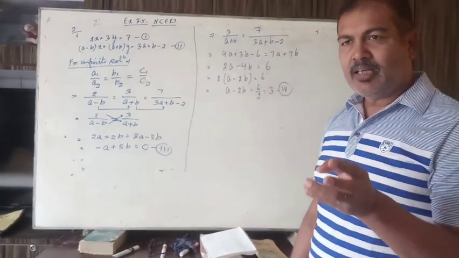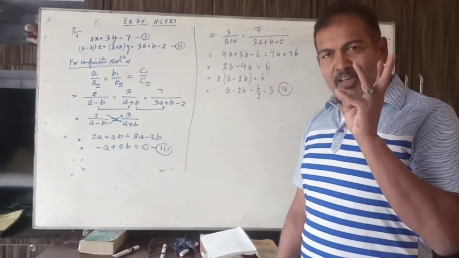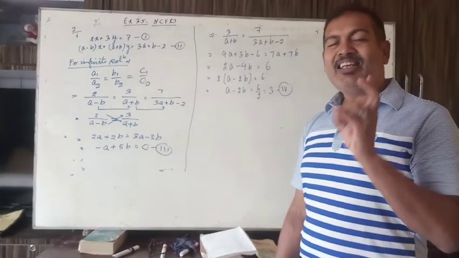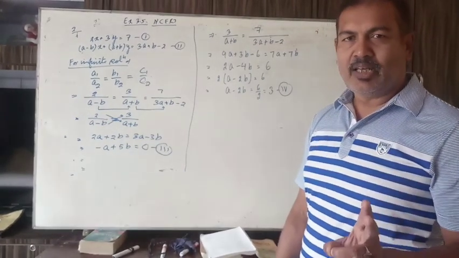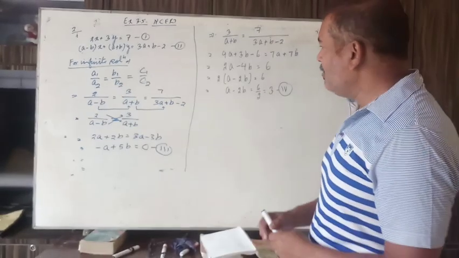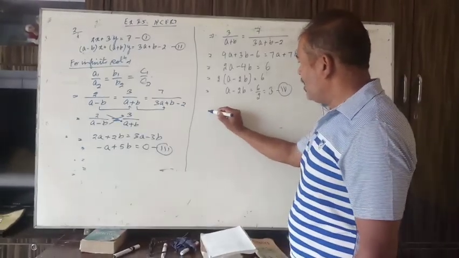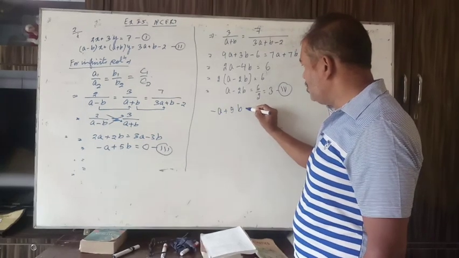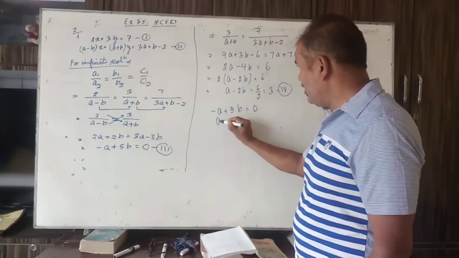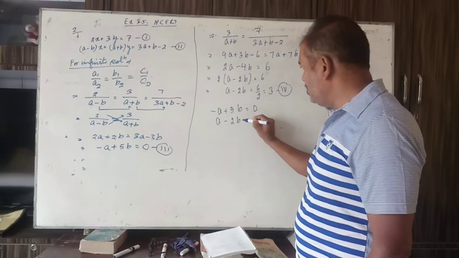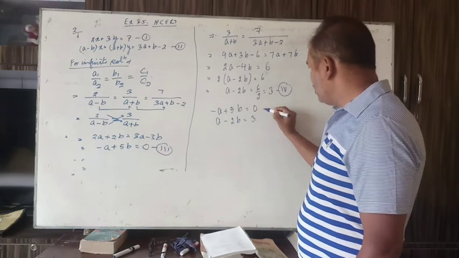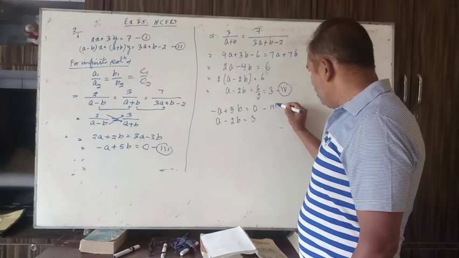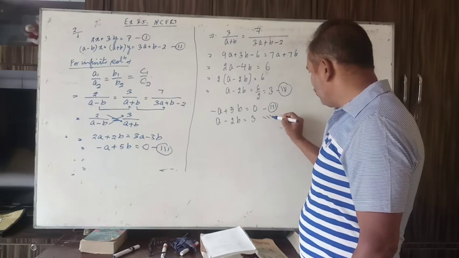The elimination method is very convenient and has very little chance of mistakes. So I will follow the elimination method. Now I write minus a plus 5b is equal to 0 and a minus 2b is equal to 3. This is equation number 3 and equation number 4.